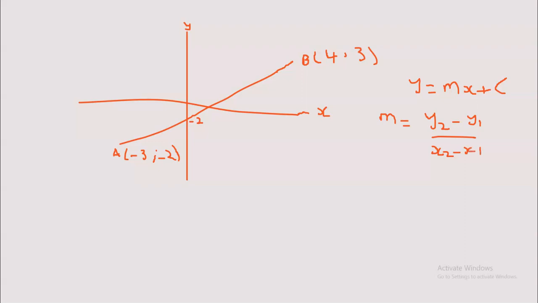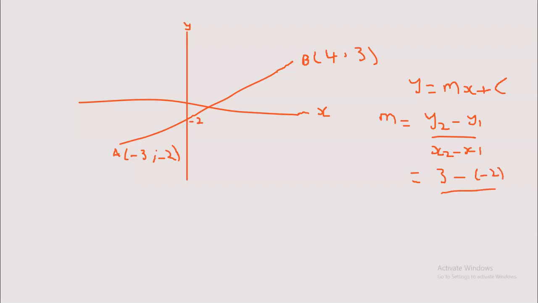So let's use B as number 2. Therefore, y2 is the y value of B, which in this instance will be 3, and then minus the y value of A, which is minus 2. Always put a negative number in a bracket, because it avoids the complication of signs.